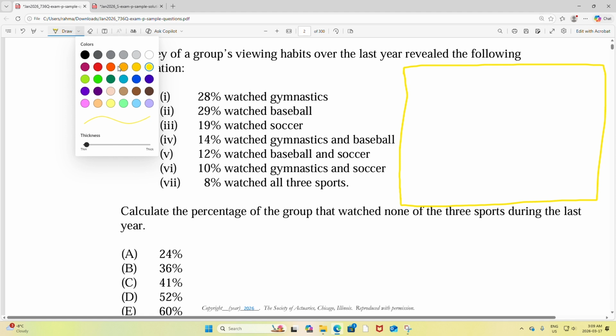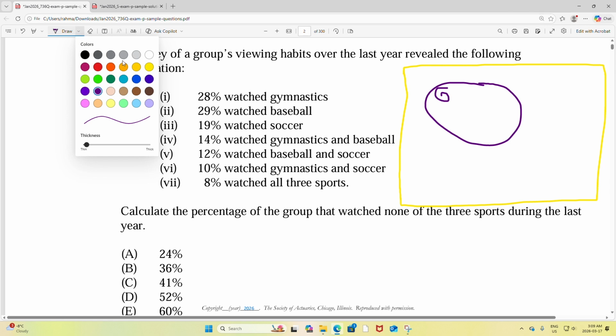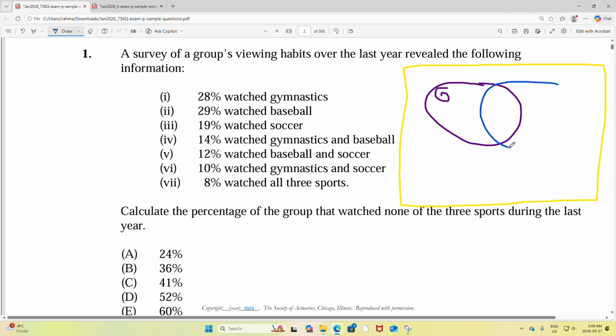So I'm going to use, let's say, purple, and this is for gymnastics. Let's go with blue for baseball.